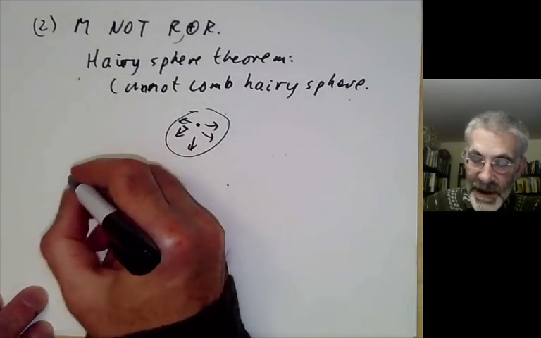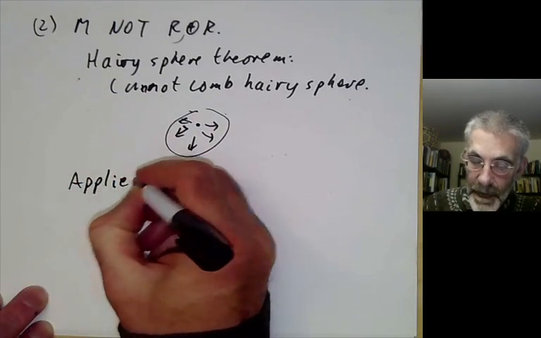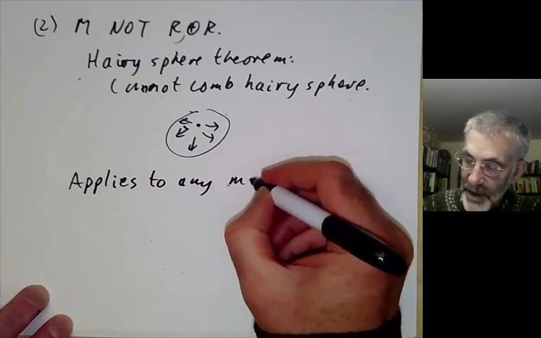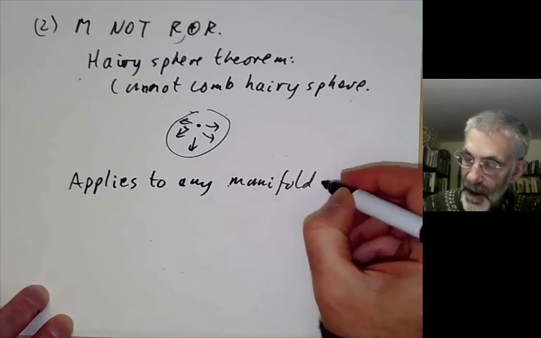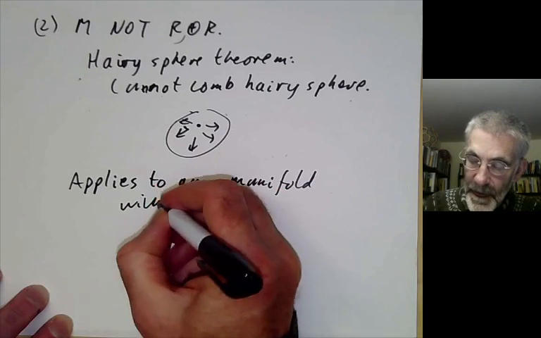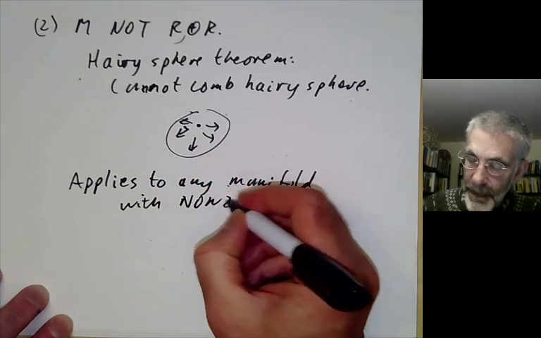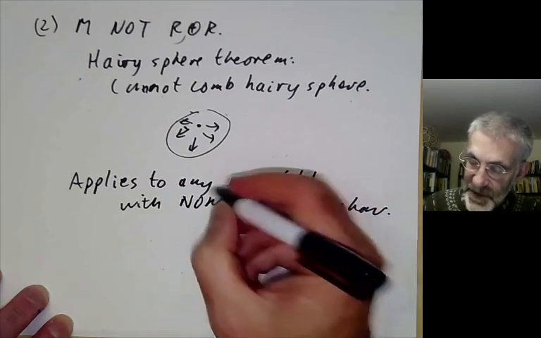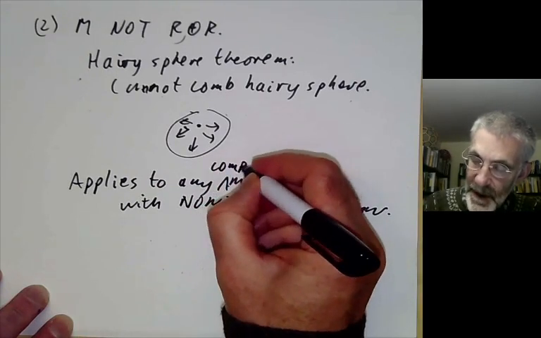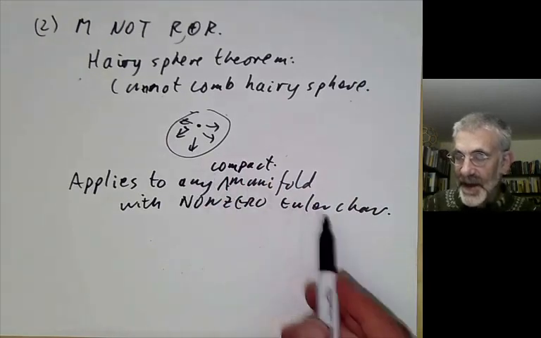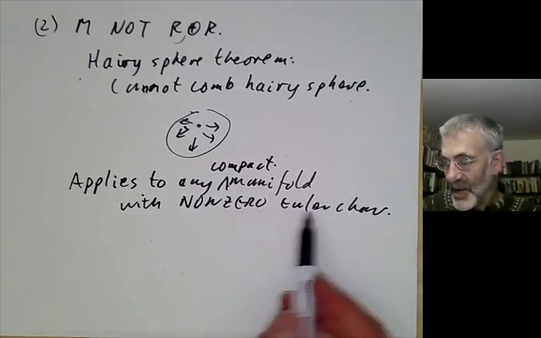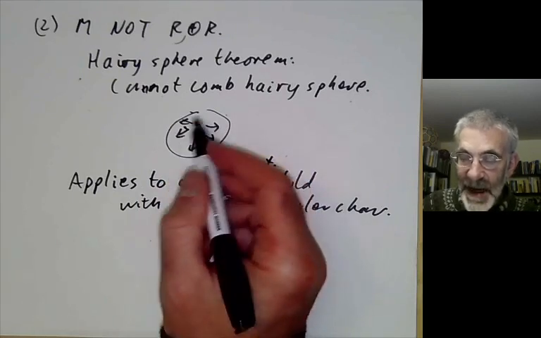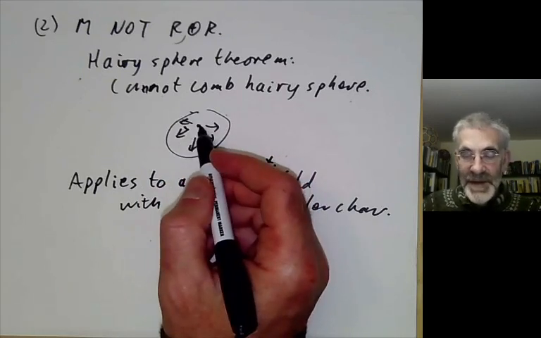You notice that this applies to any smooth manifold with non-zero Euler characteristic. I should say any compact manifold. So there's a theorem in topology that says if a compact smooth manifold has non-zero Euler characteristic, then any tangent vector field on it must have a 0 somewhere.